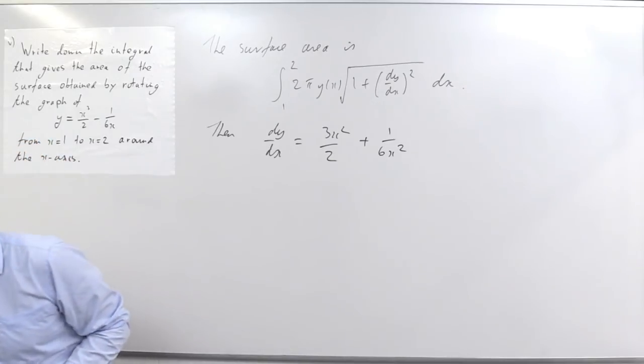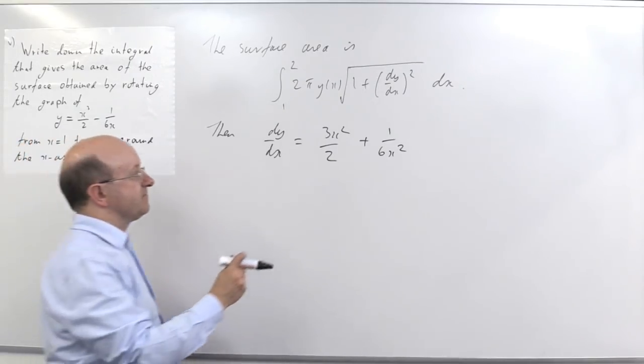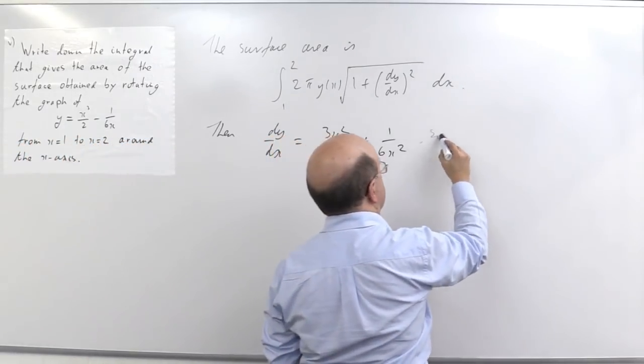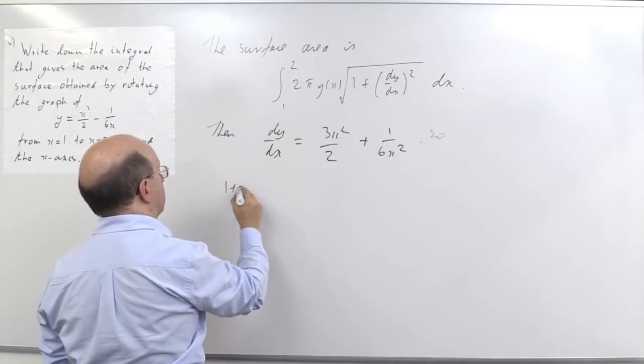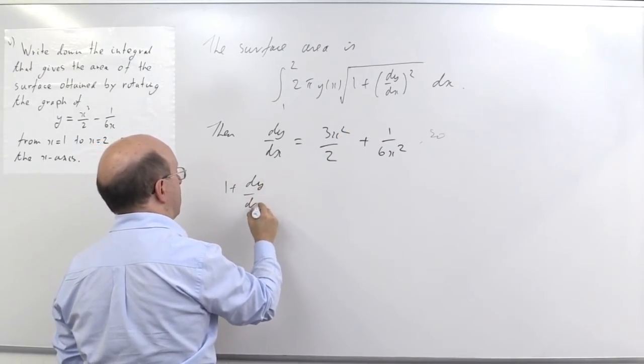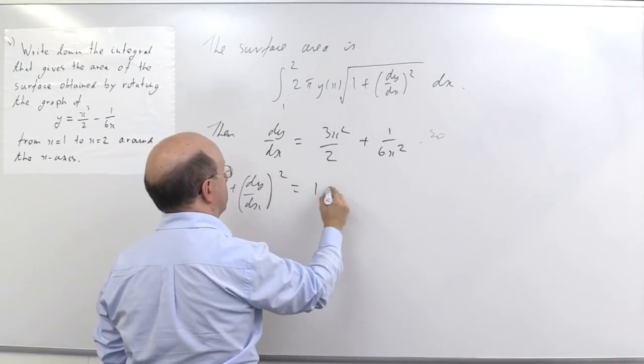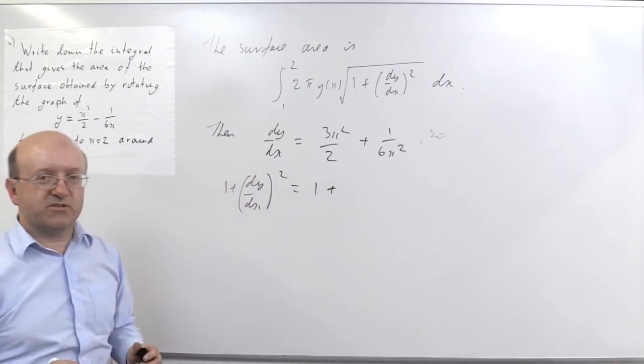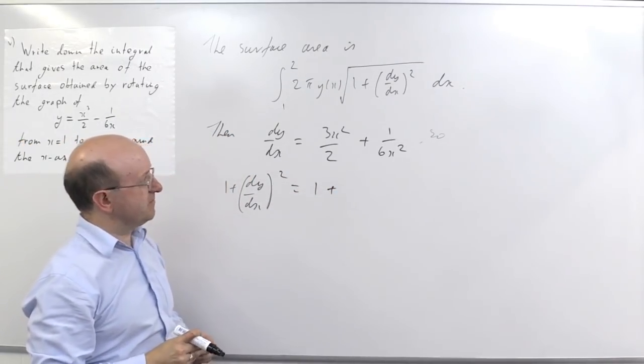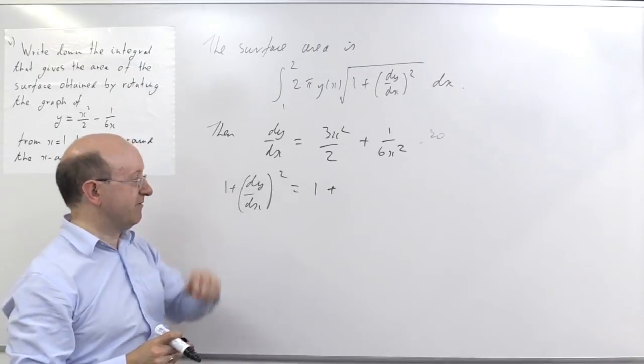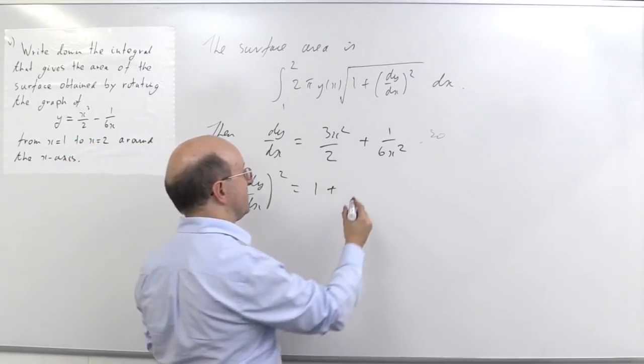Right. And then when we square that and add, one plus dy dx all squared is 1 plus. Well, it's tempting to pull out the factor of 1 over x squared and play about with it, but let's just square and leave it as it is.